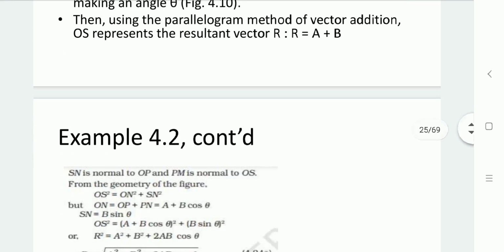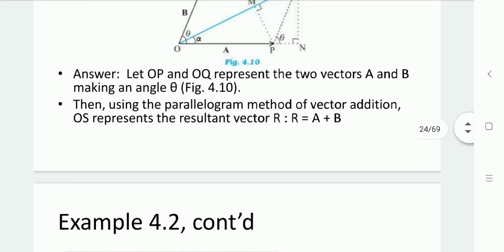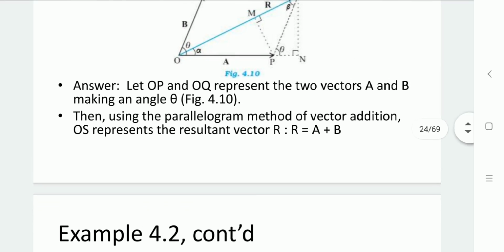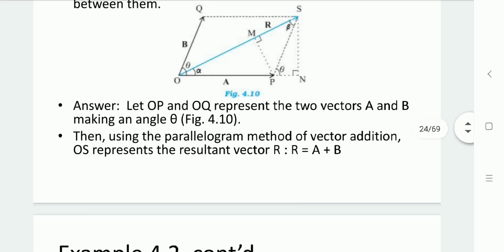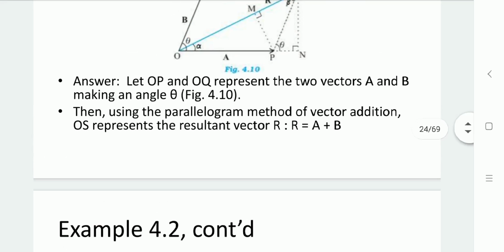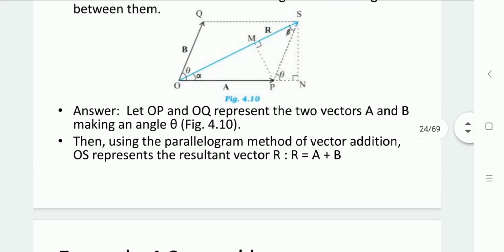This is what is represented over here. But what is ON? Now we need to represent ON. So ON can be OP plus PN. OP we know, vector A.